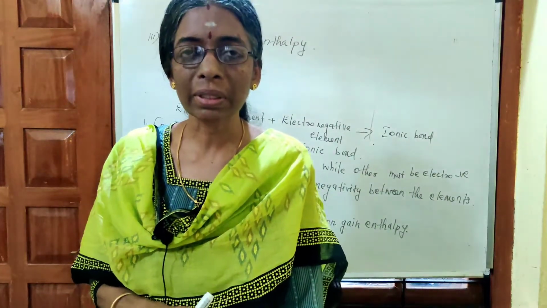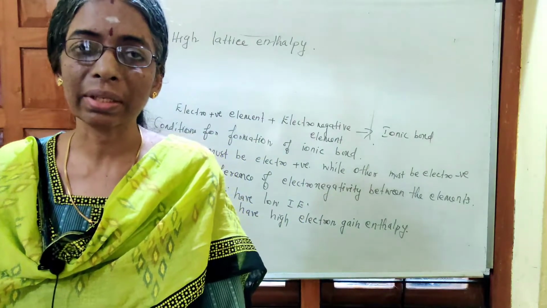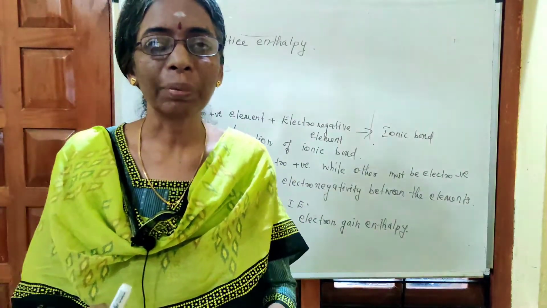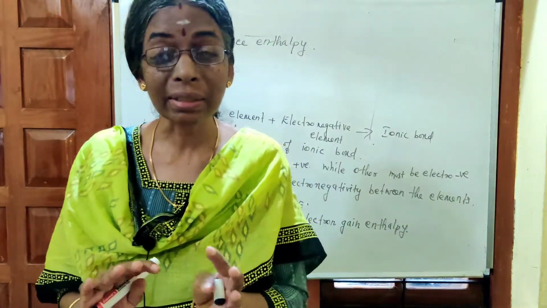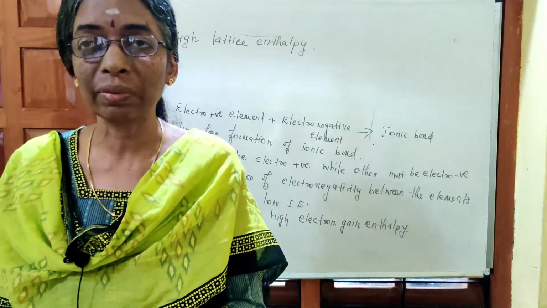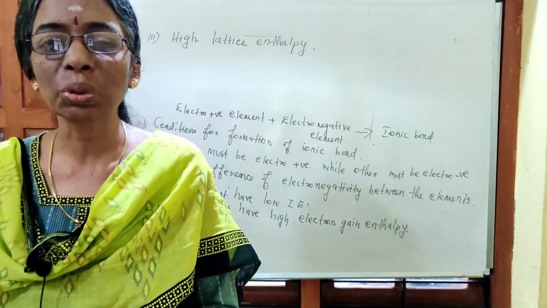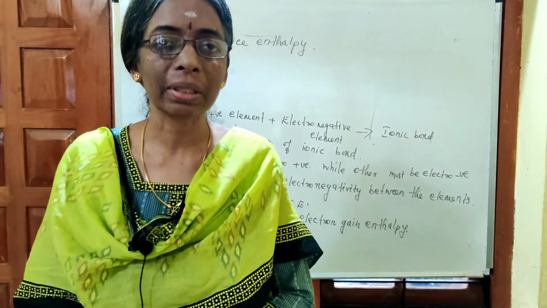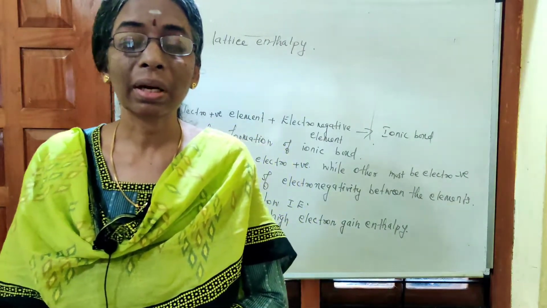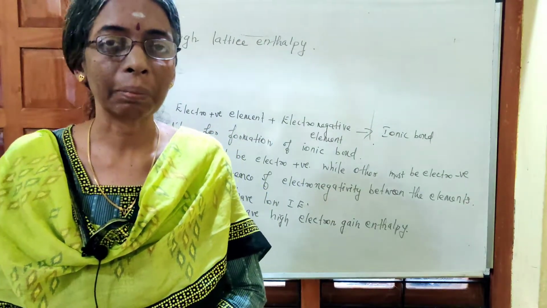Electronegative element must have high electron gain enthalpy. Then there should be a high difference of electronegativity between these two atoms or elements. Then they must have high lattice enthalpy.